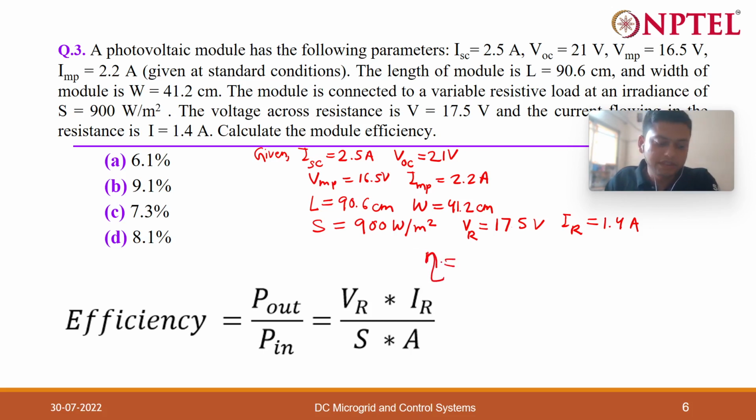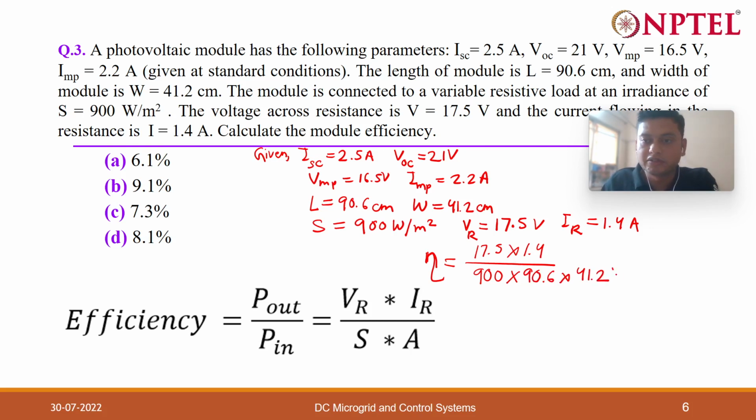If you calculate efficiency, then what is VR? VR is 17.5 volt, and IR is 1.4 ampere, divided by irradiance. Irradiance is given as 900 watt per meter square, and then the area you can calculate from the length and width of the PV module, that is 90.6 centimeter and 41.2 centimeter.